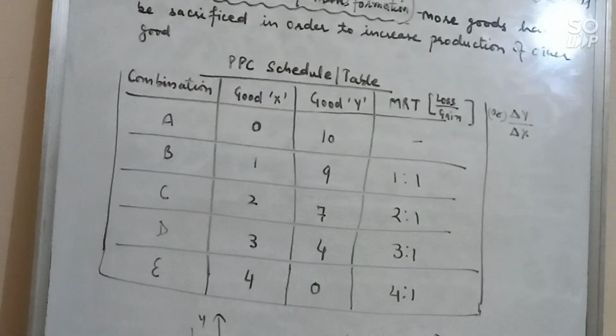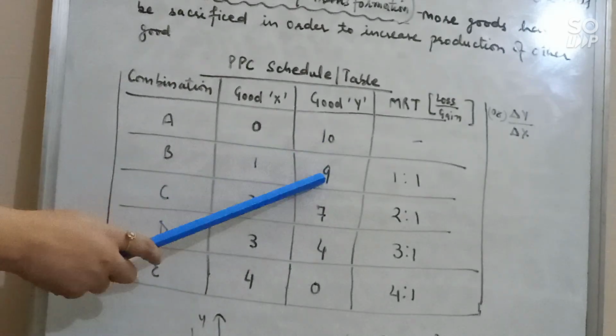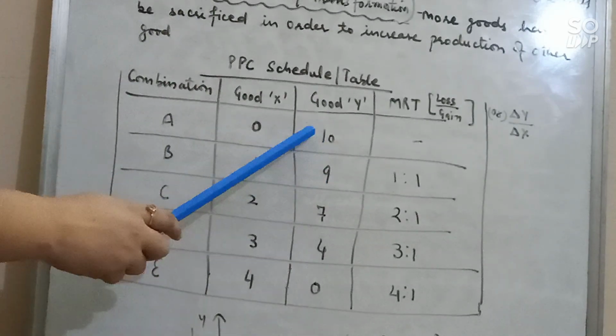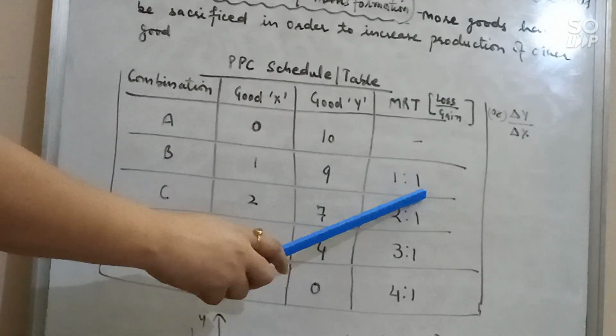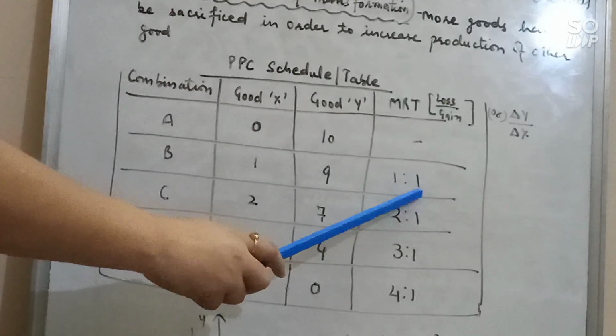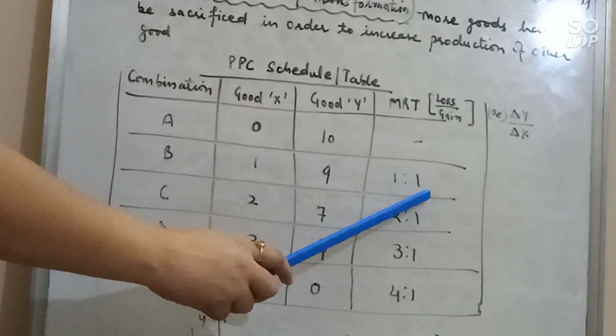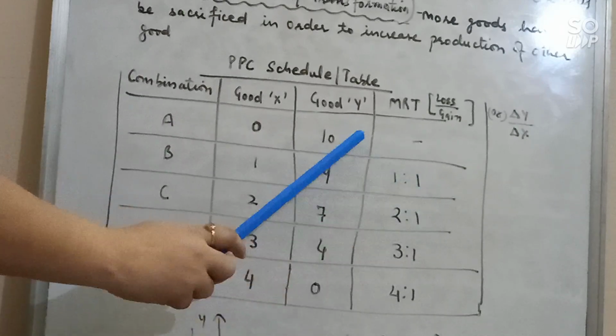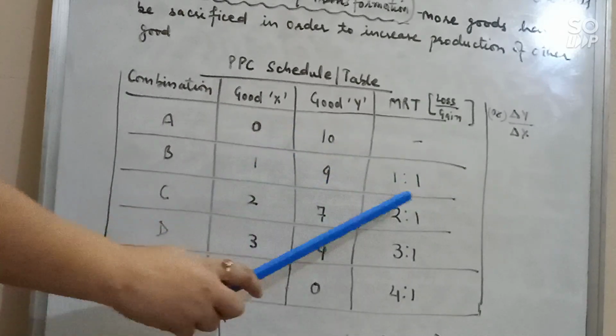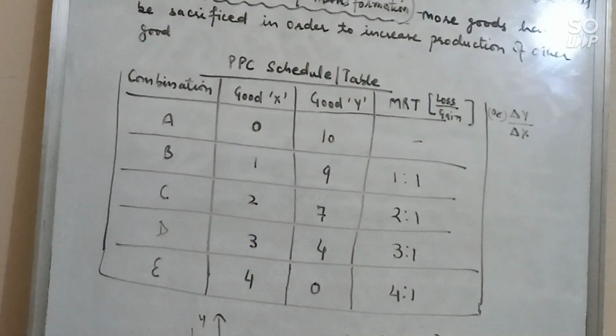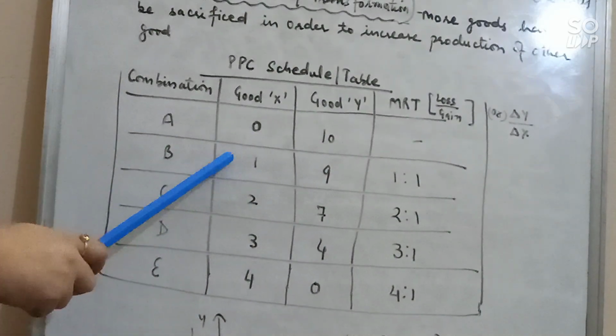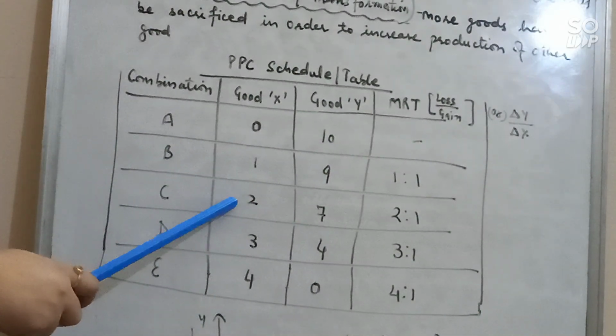So I have to reduce the production of the second commodity. I am going to reduce the production of Y good to 9. So 10 to 9. I have sacrificed 1 unit to increase the production of X by 1. So the ratio is 1:1. Loss, that is sacrifice, is to gain. So 1 unit I have sacrificed and 1 unit I have gained. 1:1. Clear?